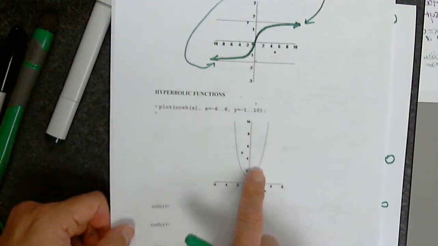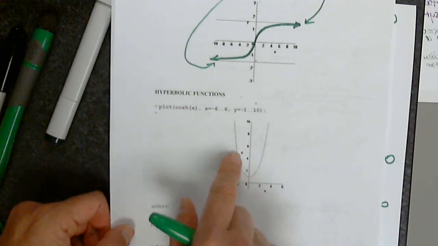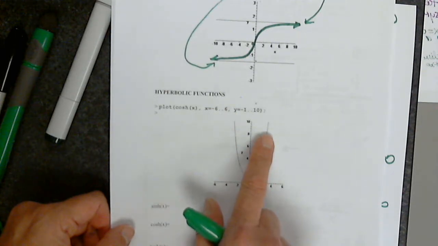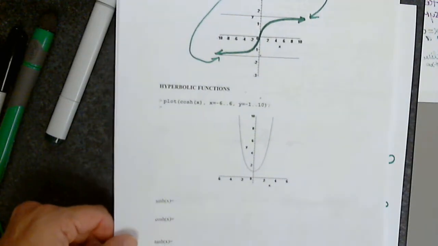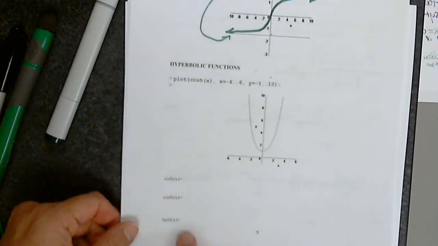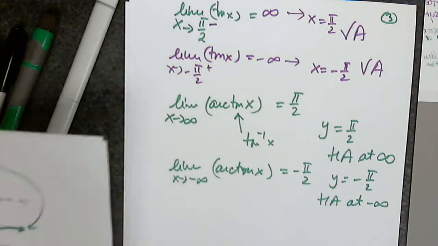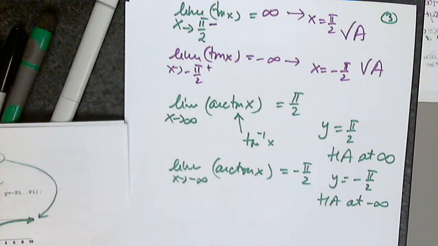It does look like a quadratic function with a positive leading coefficient. But it's really not. So let's just define these three functions. I know they are at the end of chapter 3, but I just wanted to show you these three functions, so when we get to that section, I can show you the applications of hyperbolic functions.